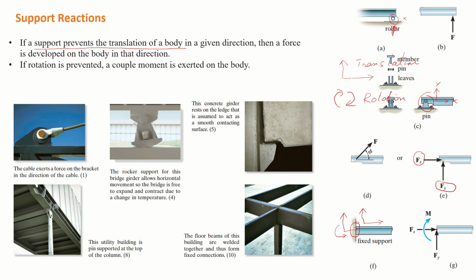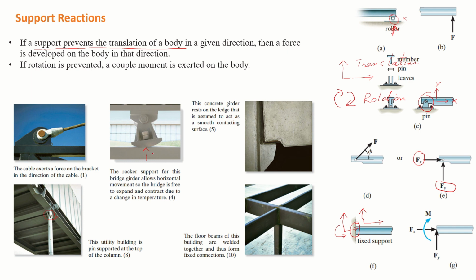So these are few practical examples. You can see here that this building is supported by a column which is a pinpoint. And this rocker support is supporting a bridge. This is the bridge, and this rocker support is restricting the bridge movement in only y direction.